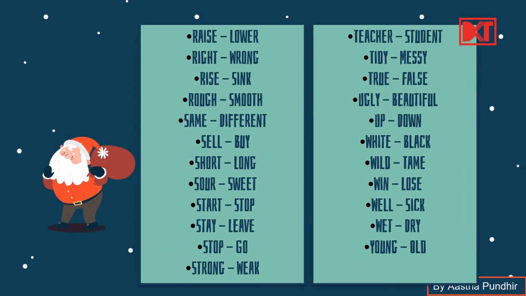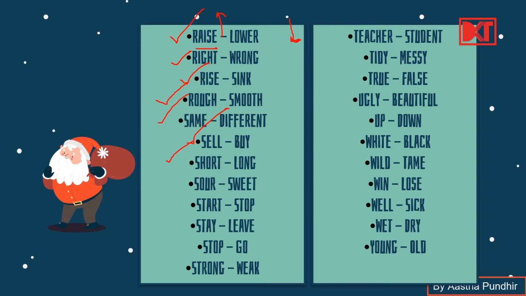A few more examples, we will go over them quickly. Raise and lower. Raise मतलब किसी चीज को ऊंचा करना, lower मतलब नीचा करना, right? Increase and decrease. Right and wrong. Rise and sink. Rough and smooth. Same and different. Sell and buy.